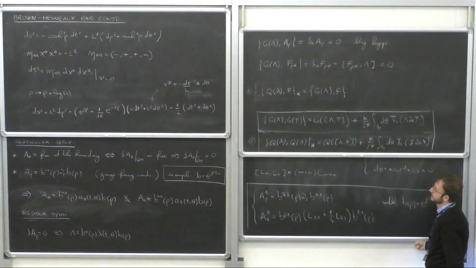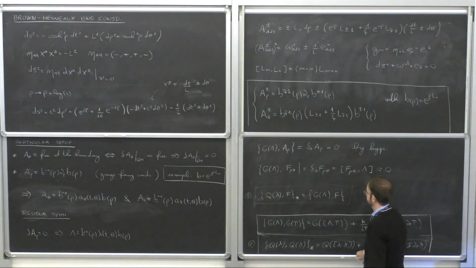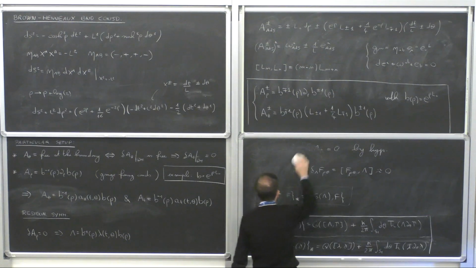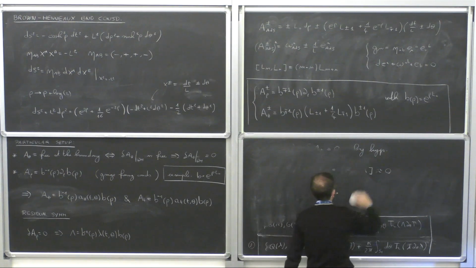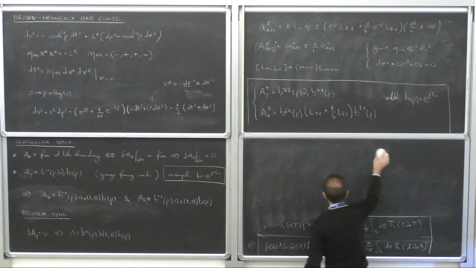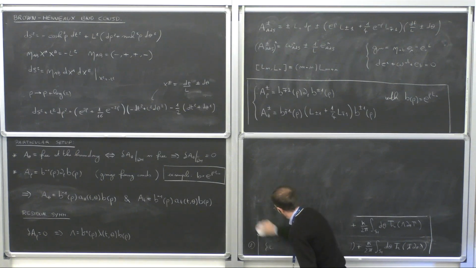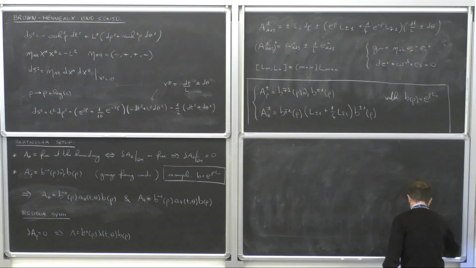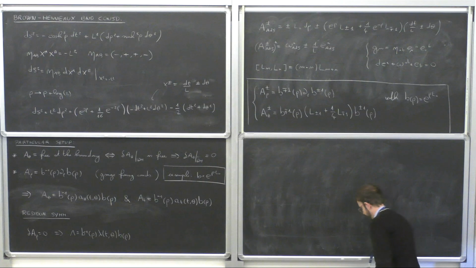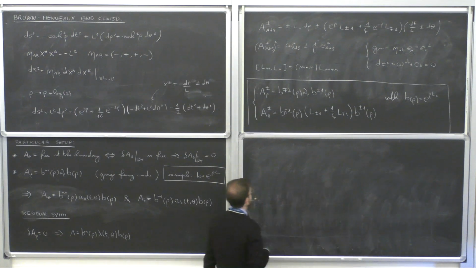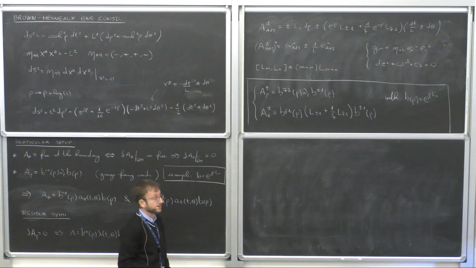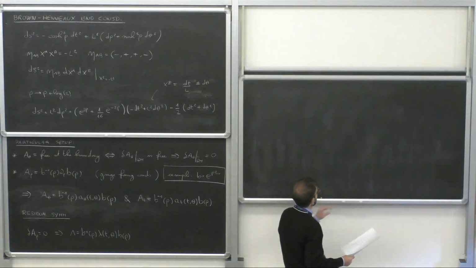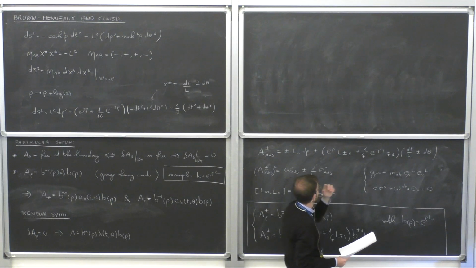Okay, this is just a rewriting of the ADS metric in terms of the Chern-Simons variables. And now, if I compare this form of anti-de Sitter space rewritten in Chern-Simons variables with the boundary conditions that we have used before, you see that there is something a bit weird going on.